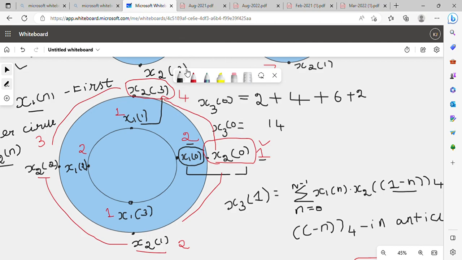You have to remember, you will get only 4 things. I told you, equations 2, 3, 4 and 5 are the same for all 4-point DFTs. That is why I am telling you, right? So you will get only this in a 4-point DFT: one is this, one is this, with minus n modulo 4, and here we will get 2 the same way and 3 the same way, right?